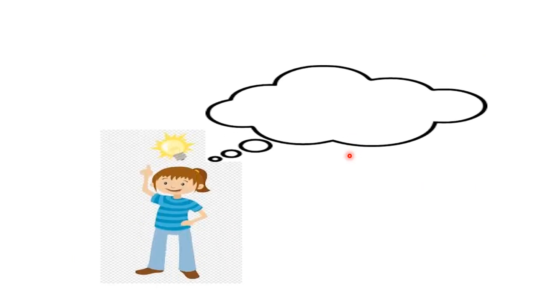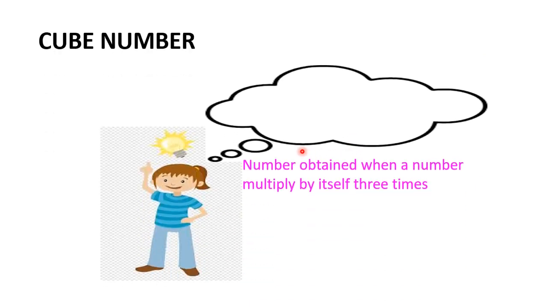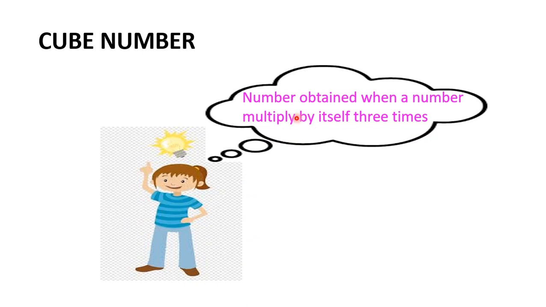What I am trying to say is that a cube number is a number obtained when a number is multiplied by itself 3 times. So in the previous slide we got 2 into 2 into 2, that is 8, and 3 into 3 into 3, that is 27. So we can say that these numbers are cube numbers. That means only with such a number can we form a cube.